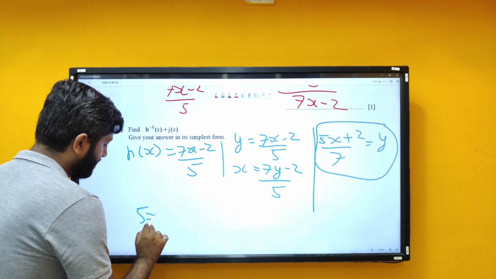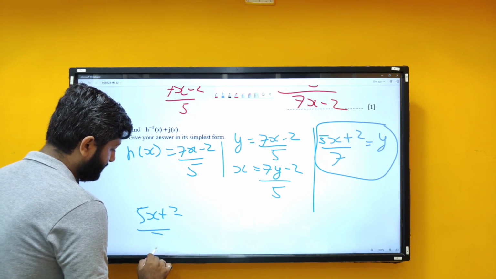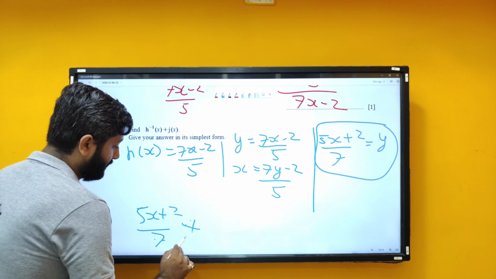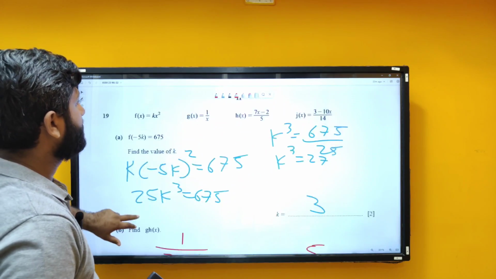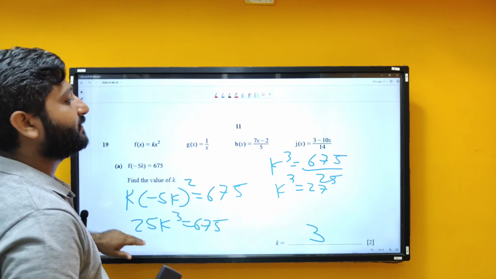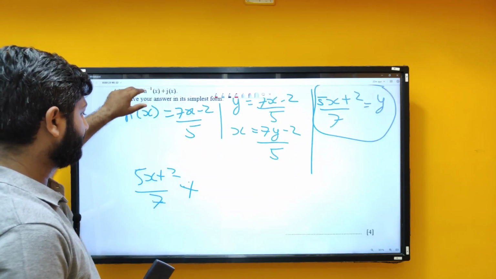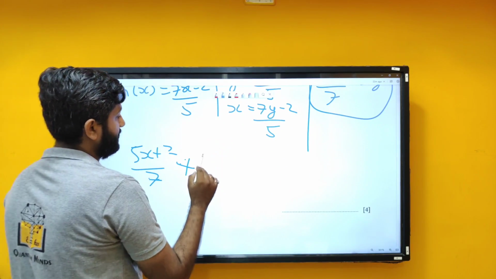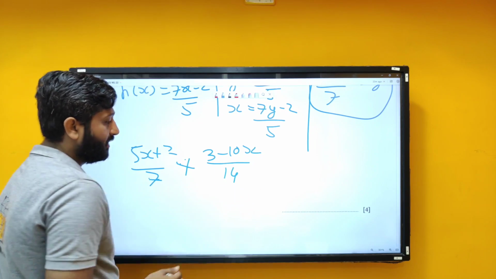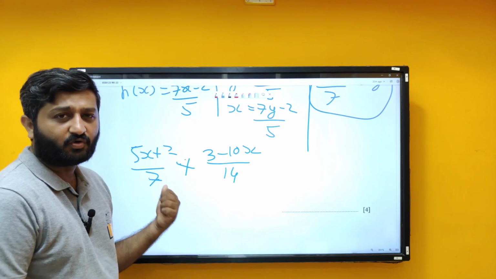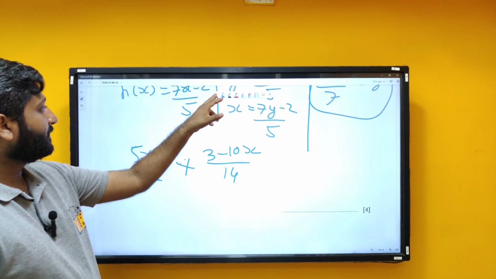So 5x plus 2 by 7 plus g of x. What is the value of g of x? g of x is 3 minus 10x upon 14. Guys, we know the LCM of 7 and 14 is 14. So we multiply this with 2.